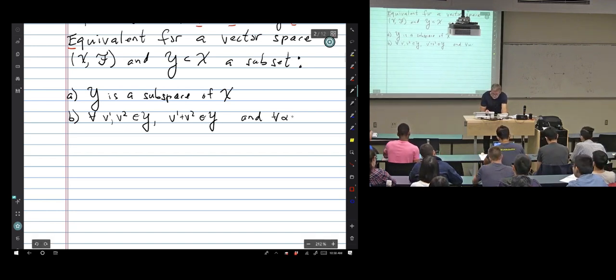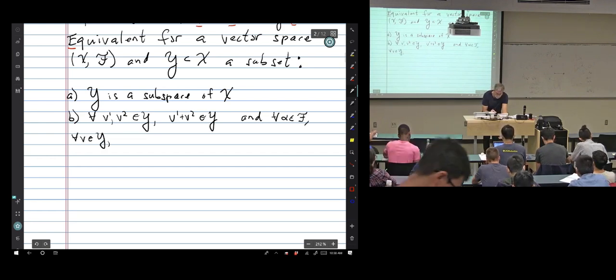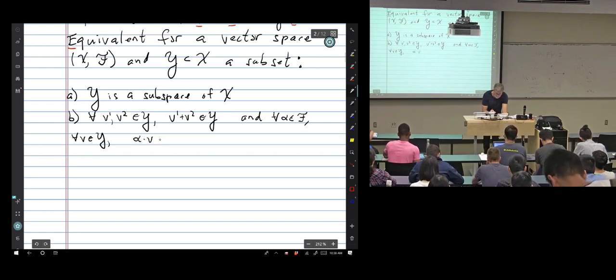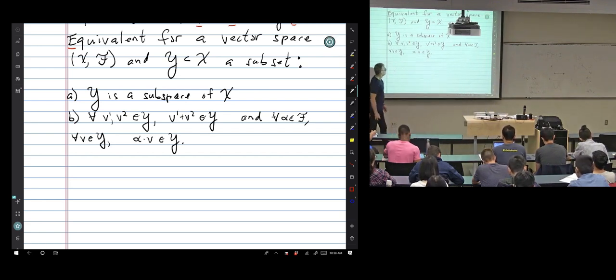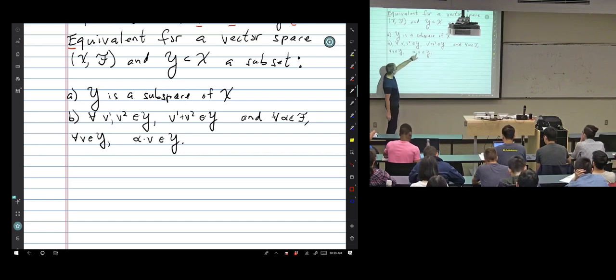And for every element of the field and for every vector in Y, alpha times V is also in Y. Okay, we're going to give some more. So one says Y is closed under scalar times vector multiplication. Okay. So if you do this and you get something that's not in Y, it's not a subspace.